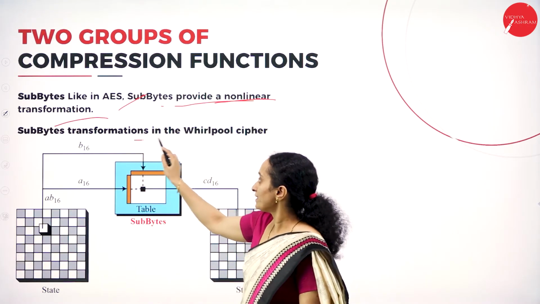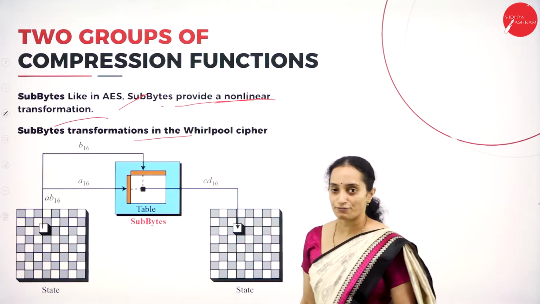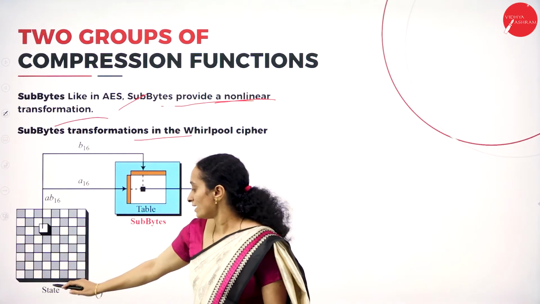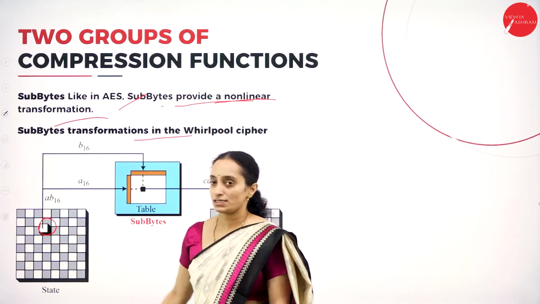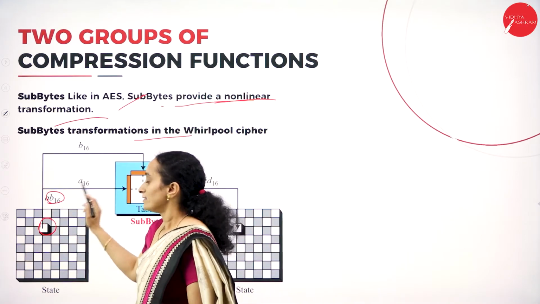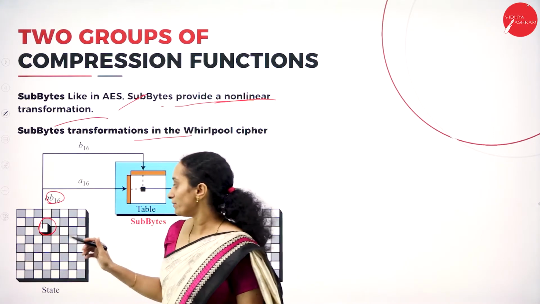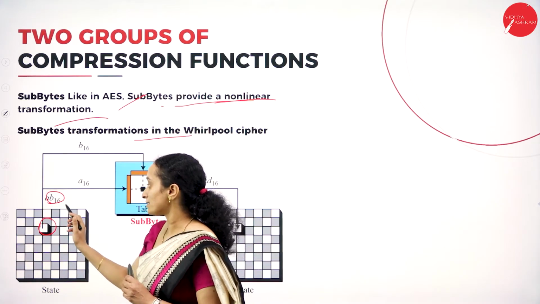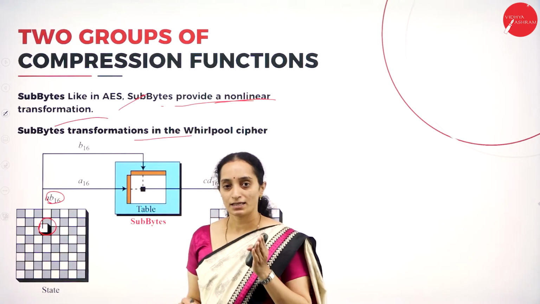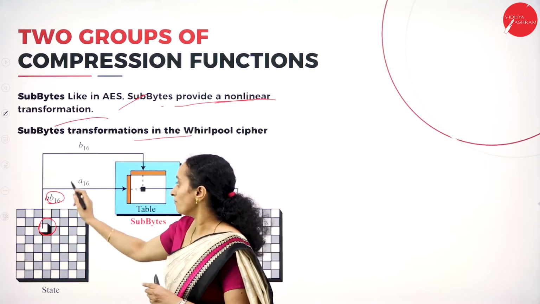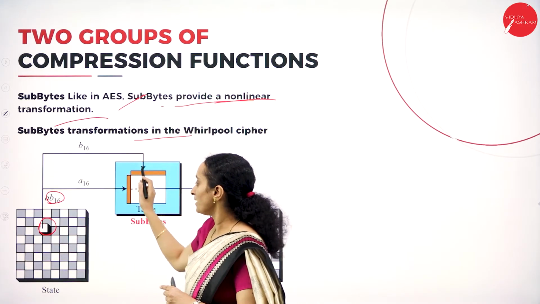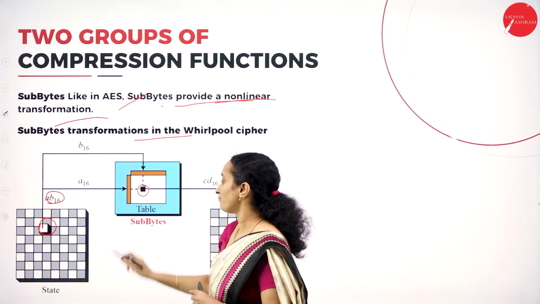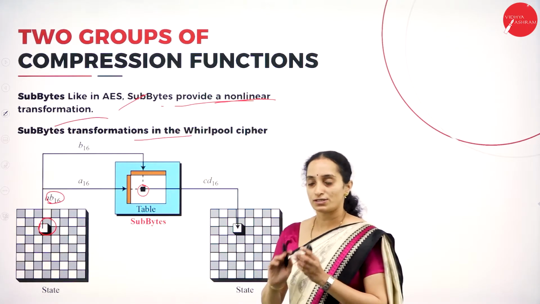Okay. So the SubBytes transformation in the Whirlpool cipher can be done like this. We use a particular cell, and that cell is represented in the state form. The blocks will be represented in state. It represents the A-th row and B-th column. So the value at row A and column B is looked up in the table to transform.